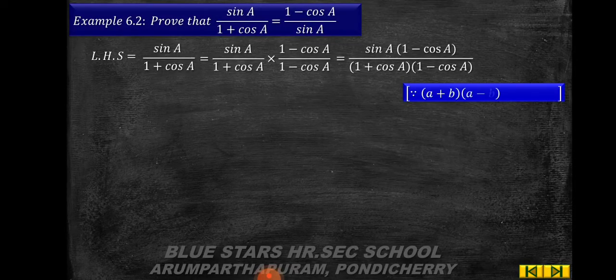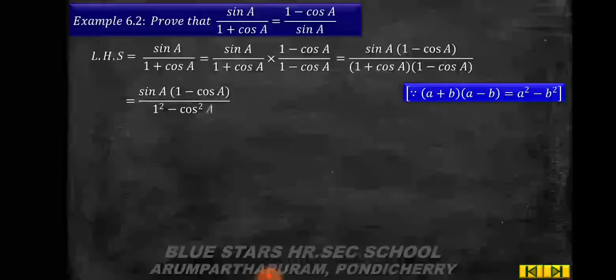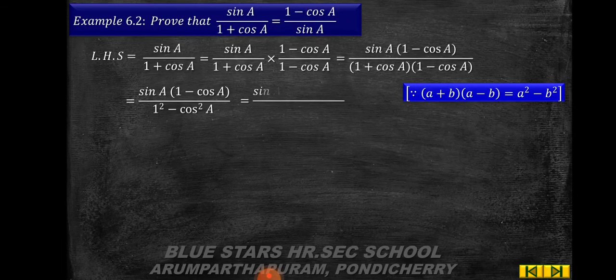So you know the formula, A plus B into A minus B is nothing but A square minus B square. Here the value of A is 1 and the value of B is cos A. So which is equal to sin A into 1 minus cos A divided by 1 square minus cos square A, which is equal to sin A into 1 minus cos A divided by 1 minus cos square A, because the value of 1 square is 1.